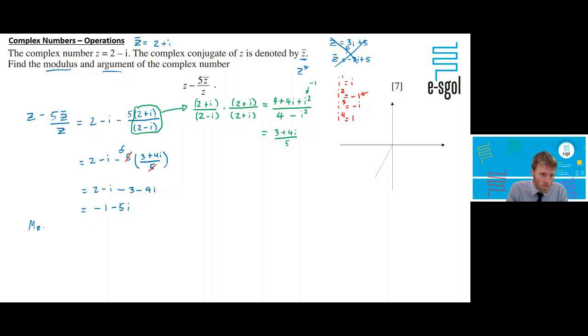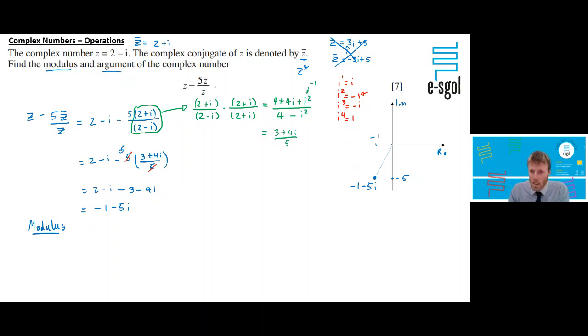So the modulus. Basically on the right here, I've got the complex number. So this is minus 1 and this is minus 5. This is our real axis and this is our imaginary axis. So this is how we represent this on an Argand diagram, minus 1, minus 5i.